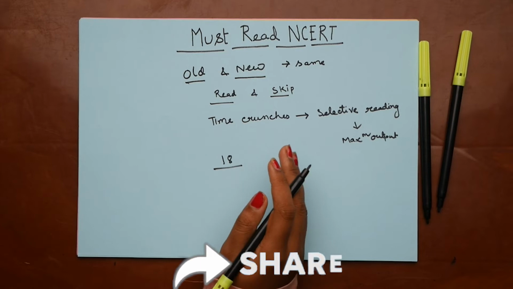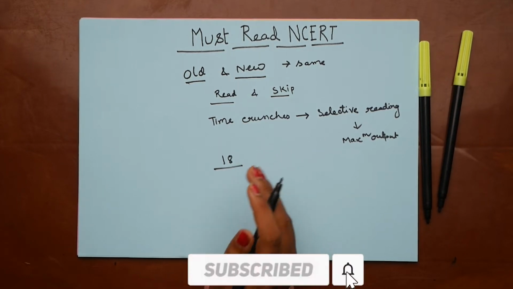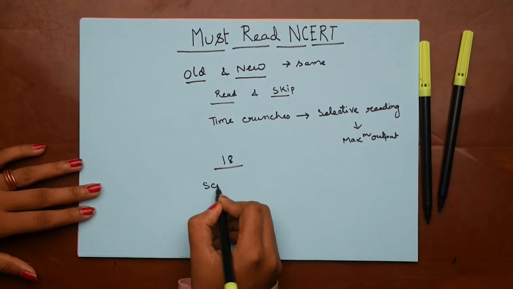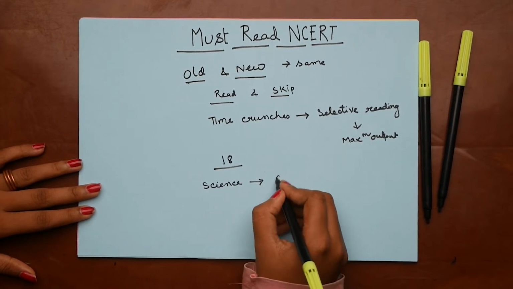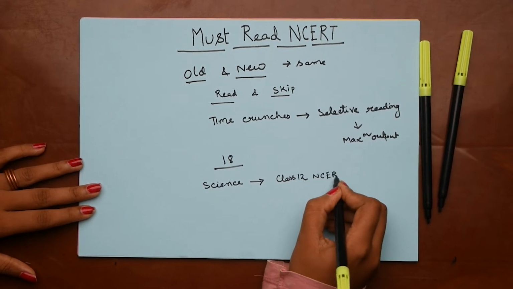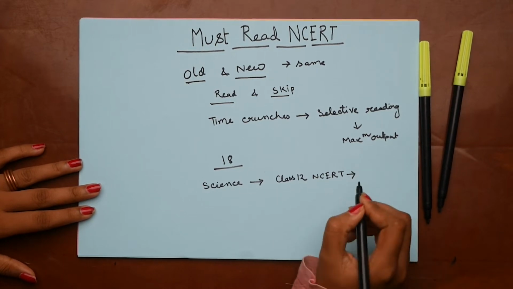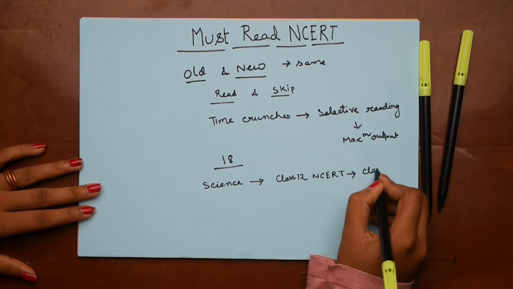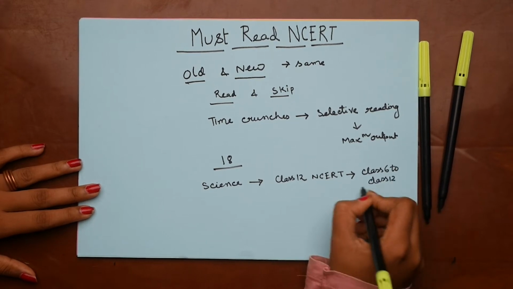Although there are no hard and fast rules, it depends upon your capacity as well as your background. For example, if you have a strong base in science, then you can directly jump to class 12 NCERT biology book, right? But if not, then you have to start from scratch. That means you have to start from class 6 to class 12.